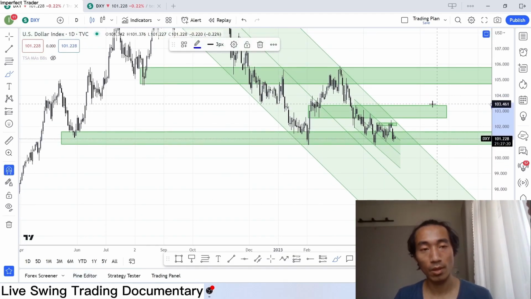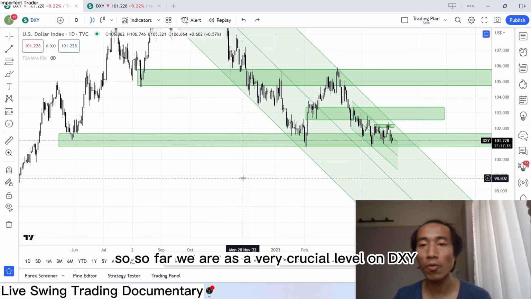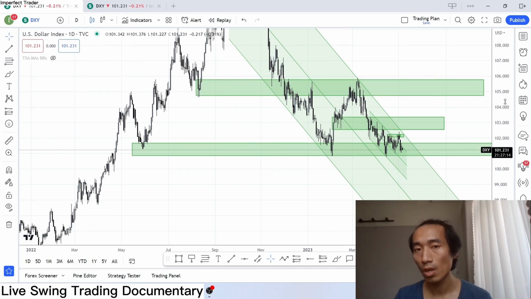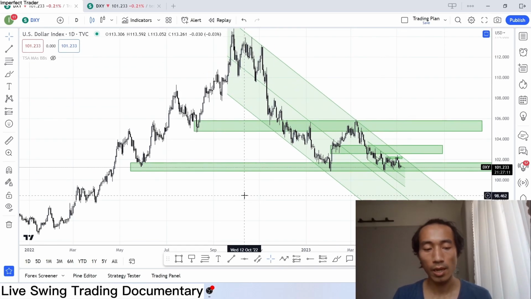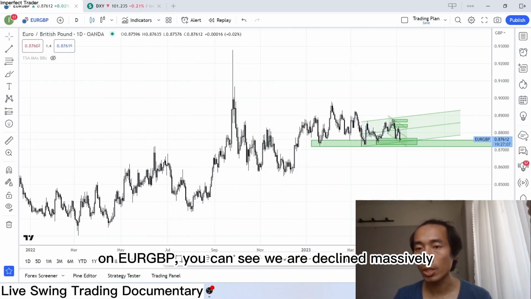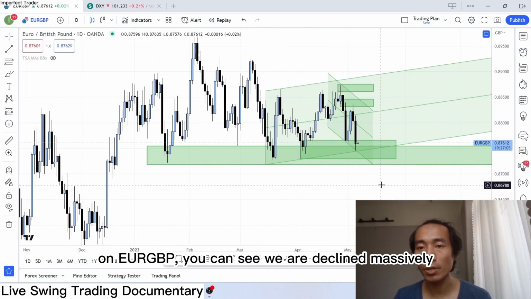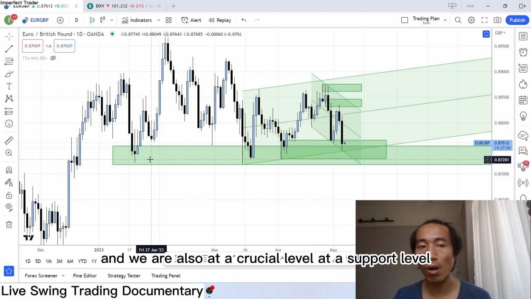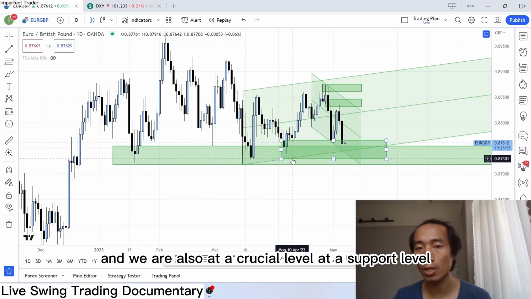Yeah. So so far we are at a very crucial level on the XY, and here's something very interesting as well on EUR/GBP. You can see we have declined massively, and we are also at a crucial level, at a support level.